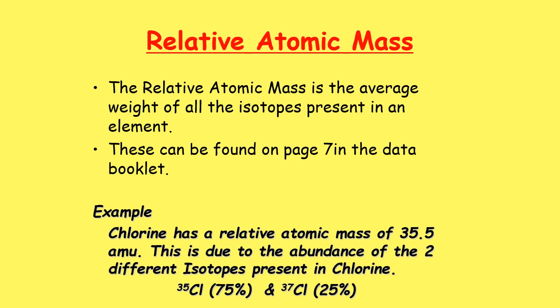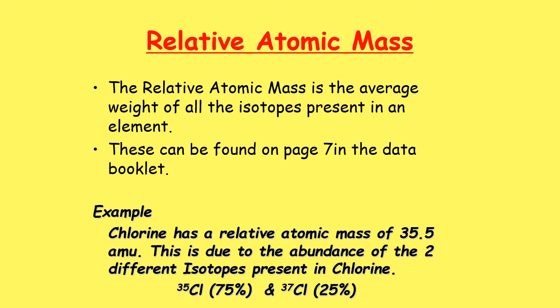So here we have an example of an element that has isotopes and talks about its relative atomic mass. Chlorine has a relative atomic mass of 35.5. AMU stands for atomic mass units. This is due to the abundance of the two different isotopes present in chlorine. So there is a chlorine 35 isotope, of which there's 75% abundance, and there's also a chlorine 37 isotope, of which there's 25% abundance.